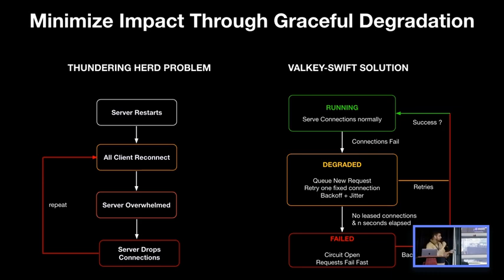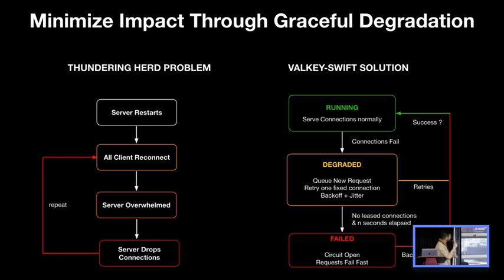If they are all configured to retry after the same fixed interval, they are going to do the next retry together, very close to each other. This is going to overwhelm the server. The server will start to drop connections, which is going to cause more failures, more retries, which are again together, very close to each other. And this loop is famously called the thundering herd problem.